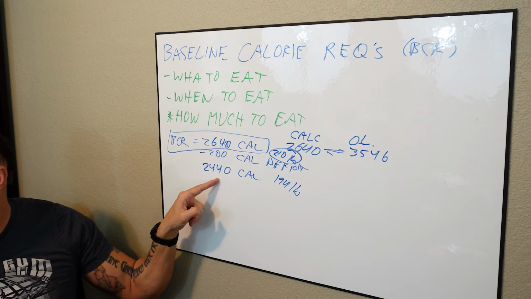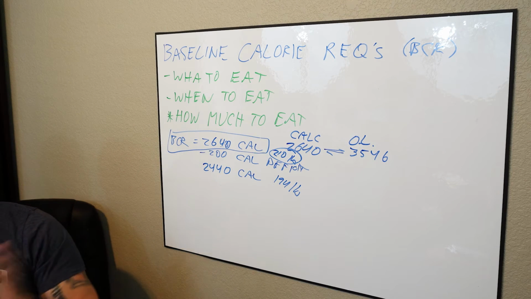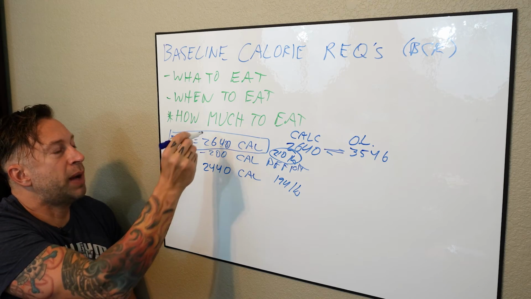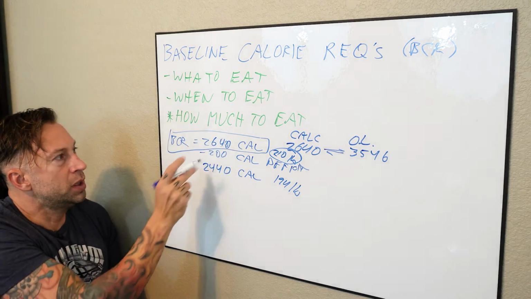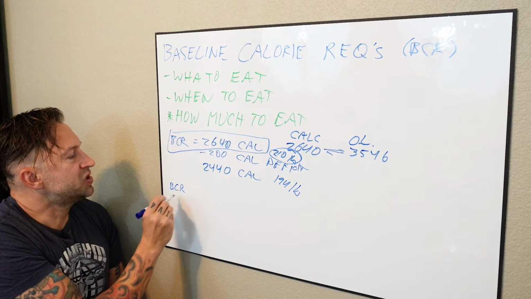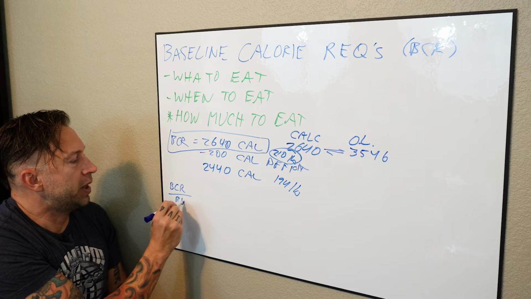Now, do you have to do this elaborate month of data tracking every time? No, you don't want to interrupt your progress. But what you can do is take your body weight as a proportion to your BCR. So there's some ratio between your BCR and your body weight, right?